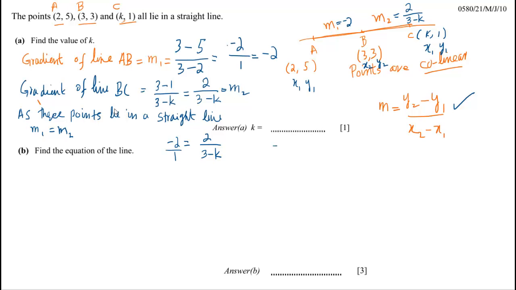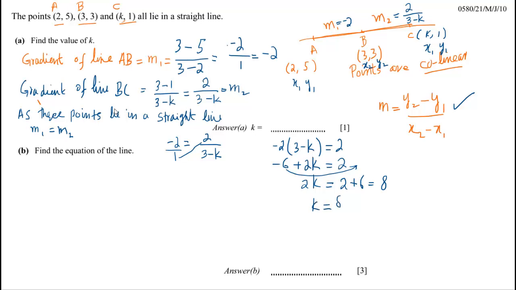So this will be minus 2 multiplied by 3 minus k equal to 1 multiplied by 2, which is 2. Expand: minus 6 plus 2k equals 2. This 6 will come over here, plus 6. So 2 plus 6 is 8, and k is 8 over 2, 4. So k is 4.